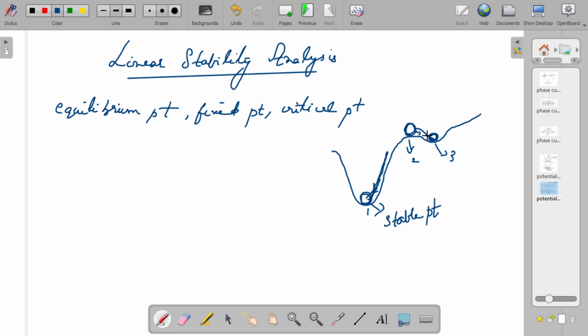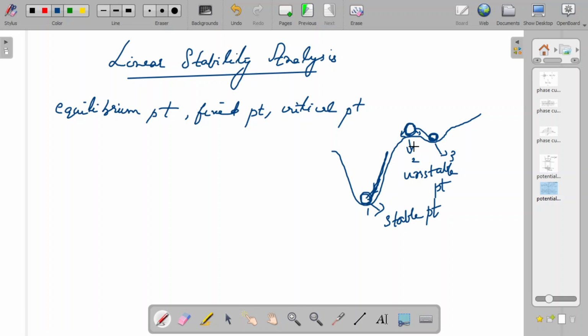If I give the displacement this way for the ball at point 2, it will come and stay in the third well, or if I give a displacement in this direction, it will come and stay in the first point. So a small perturbation will affect the system such that it will not come back to the original position. So we call this an unstable point. This is another unstable equilibrium point.